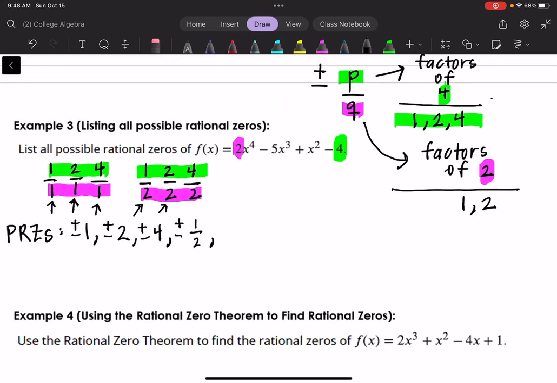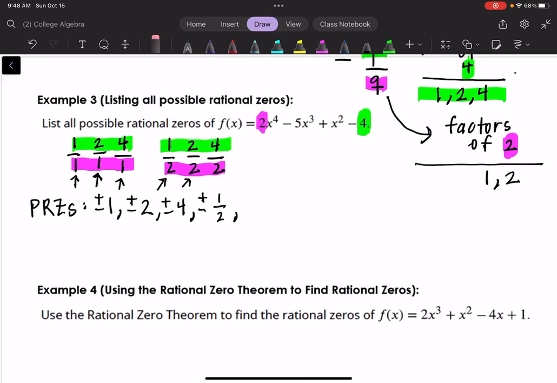Notice here, this is 1, and we already have 1 in the list, so we're not going to do that again. And notice here that this fraction is 2, so we already have that in the list as well. So this is the list of our possible rational zeros for this function, all of the possibilities for p divided by q.